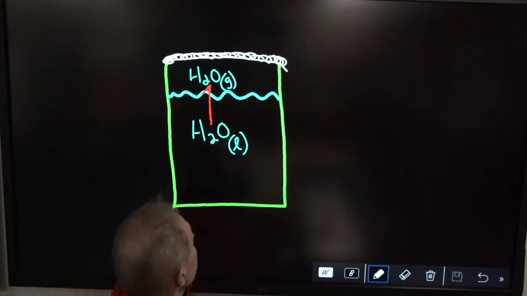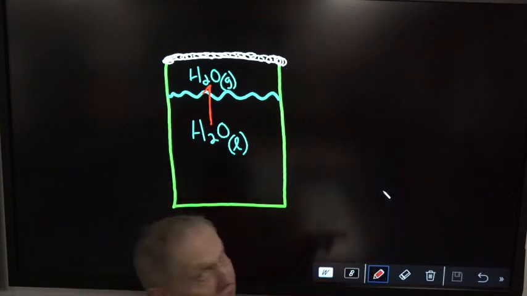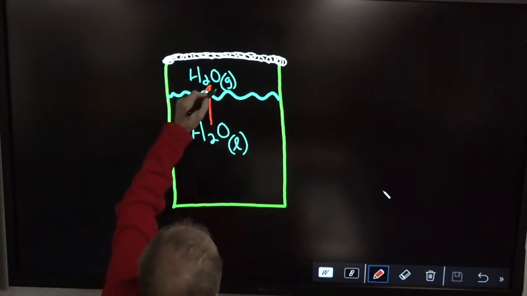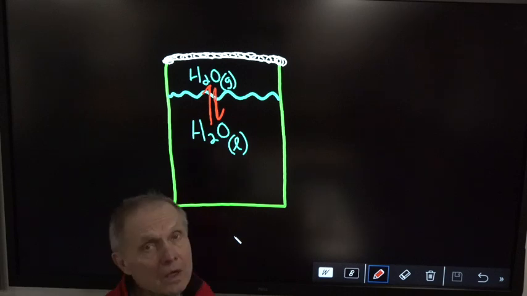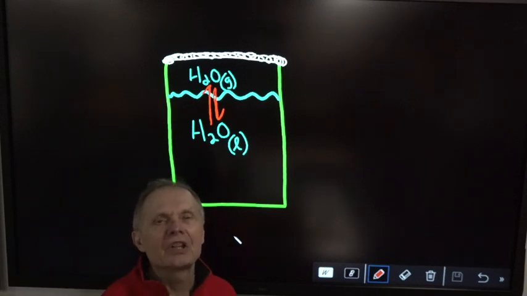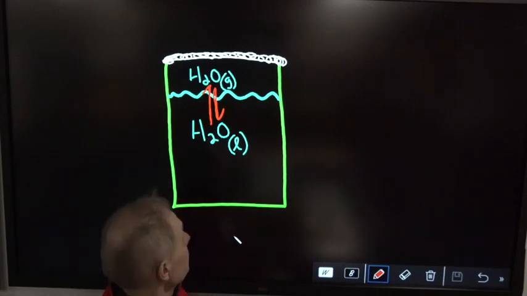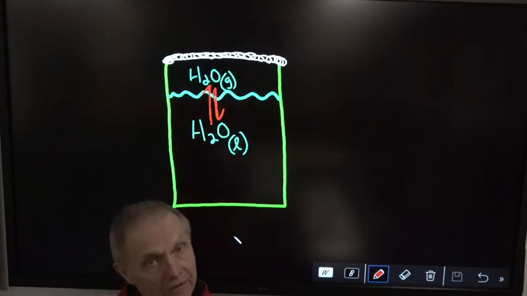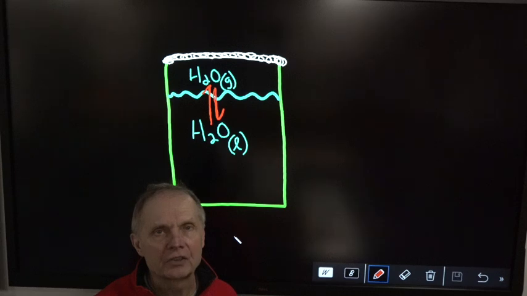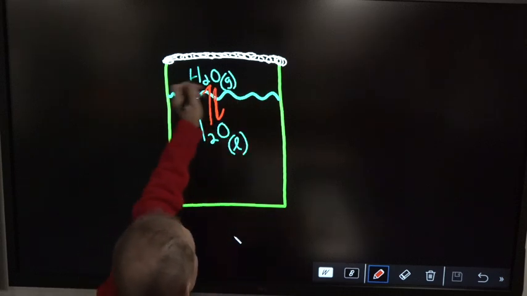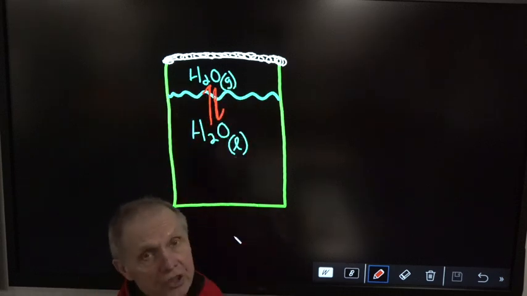Once that occurs, then and only then can the reaction fire backwards. And now the reaction is at equilibrium. Notice there's a ton more water than there is water vapor. So the reactant and the products don't have equal concentrations, but closed system, products are saturated.